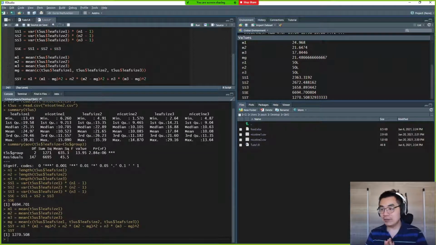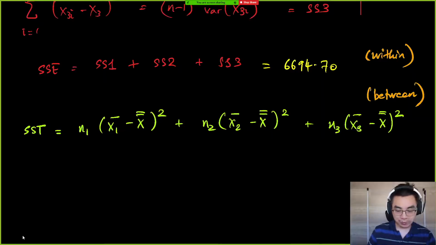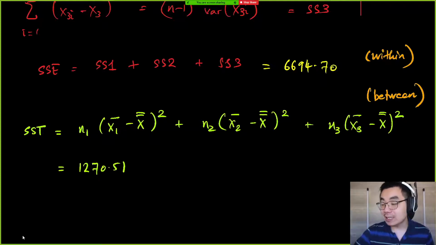And 1270.51 is our SST. So we can write that down over here. So let's switch back over here, and we can calculate this to be, what was it? 1270.51. Okay, now from here it's fairly easy to calculate our F statistic. So before I do that, do you have any questions about what we've done so far?